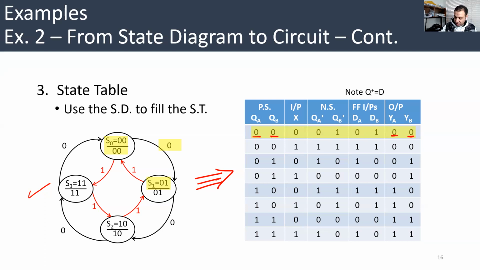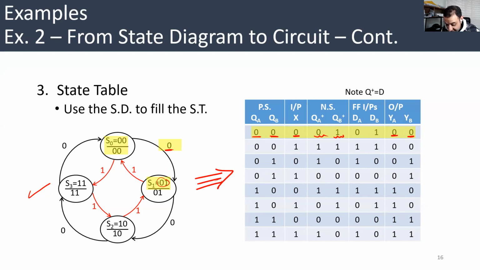All we need to do is to fill out this table. Of course, it's filled right now, but I'm showing you how to do it from scratch. When the input is 0, you put 0 here, and you go to 0 1, or S1.